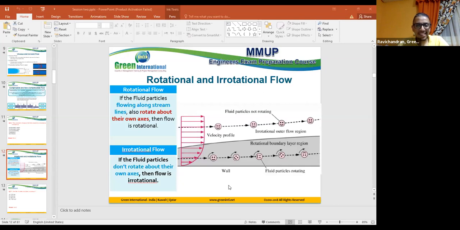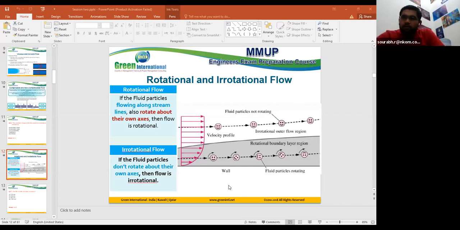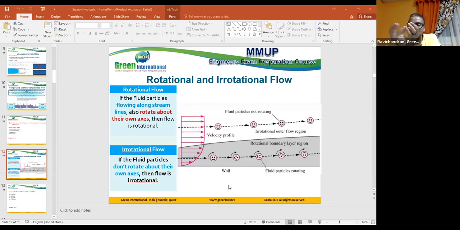You can take it as clear: if the particle moves with the flow without any rotation, it is irrotational flow. If the particle, while moving with the flow, also rotates itself during the movement, this is rotational flow. Okay, now I understand. Now it's clear.